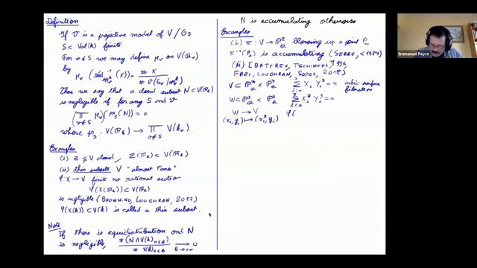And the point is that the image of this morphism contains too many rational points. So conjecturally, at least, it is accumulating.